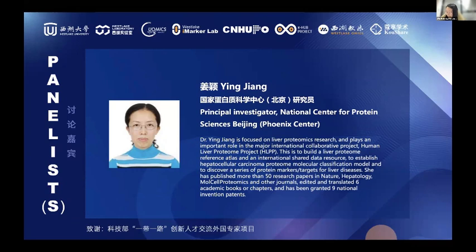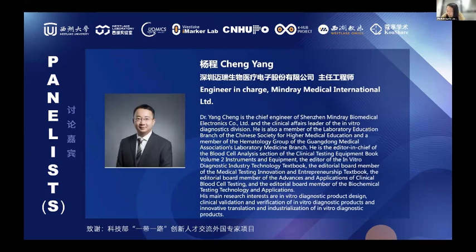Dr. Yang Chen is the chief engineer of Shenzhen Mindray Biomedical Electronics Co., Ltd. and is the clinical affairs leader of the in vitro diagnostics division. He is also a member of the laboratory education branch of the Chinese Society for Higher Medical Education and a member of the hepatology group of the Guangdong Medical Association's laboratory medicine branch.